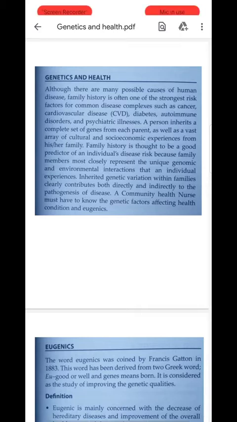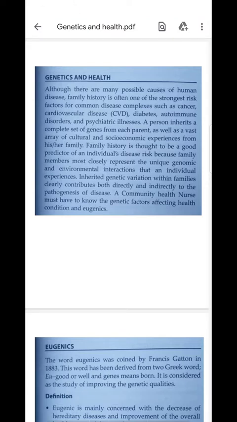and psychiatric illnesses. So family history is thought to be a good predictor of an individual's disease because family members most closely represent the unique genomic and environmental interaction that an individual experiences. The family members and the patient are in the same environment, so they may have the same interaction with the environment and the genomic representation.